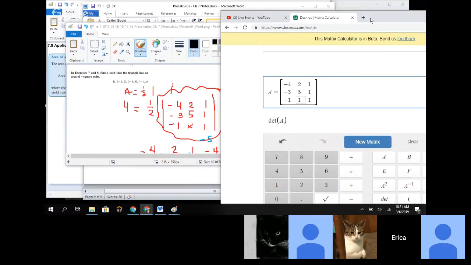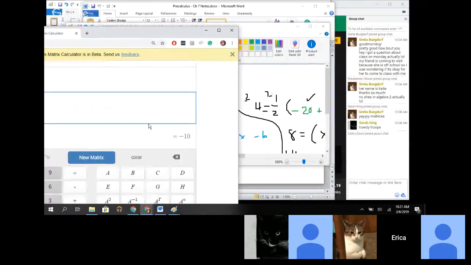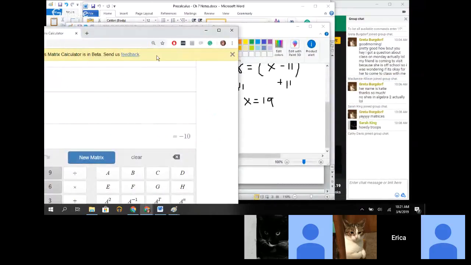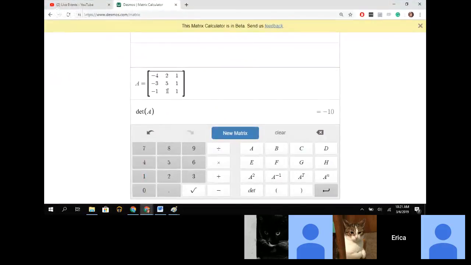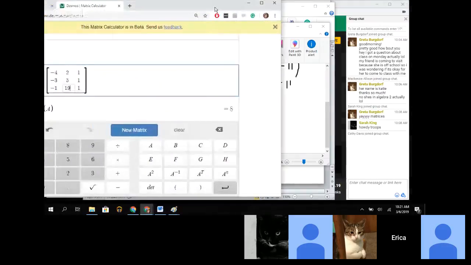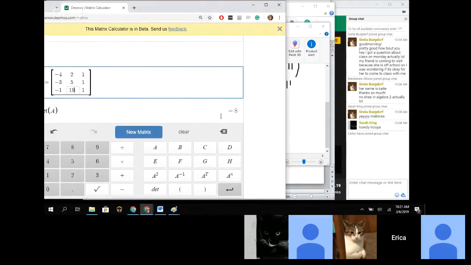What do we get? X equals 19. Oh, I'm off by 1/2. What did I do? Oh, no, that works. Okay. So if x equals 19, the determinant is 8, and the area is 1/2 of 8.